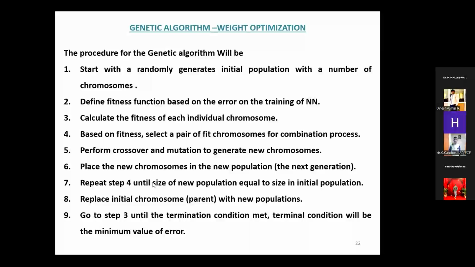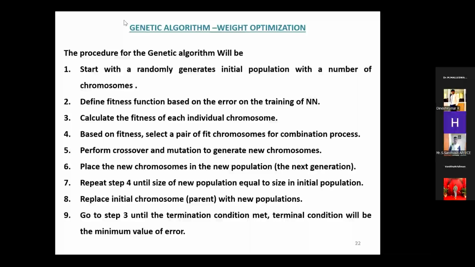Okay. Now let us see the procedure for the genetic algorithm. Of course, this is the basic concept, but still some of you may not be aware of it, so that's the reason I want to give the procedure for the genetic algorithm. First, it starts with randomly generating an initial population with a number of chromosomes, right?